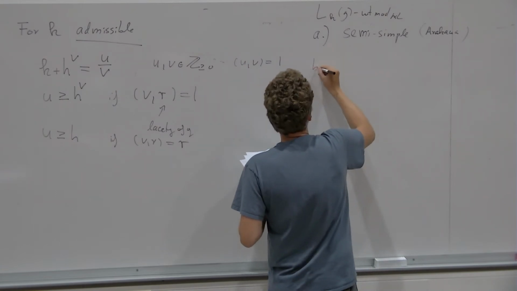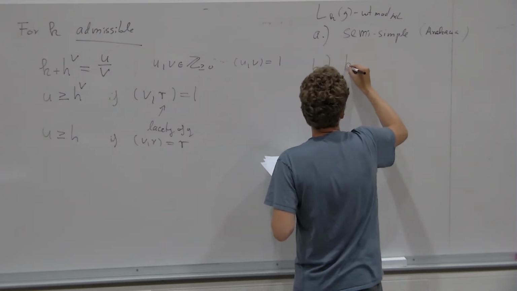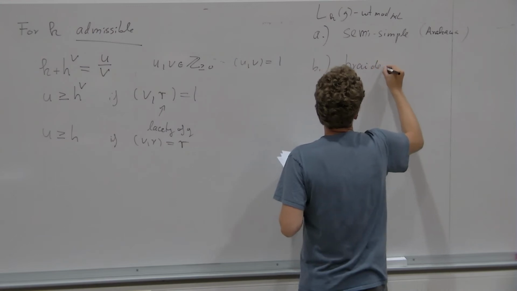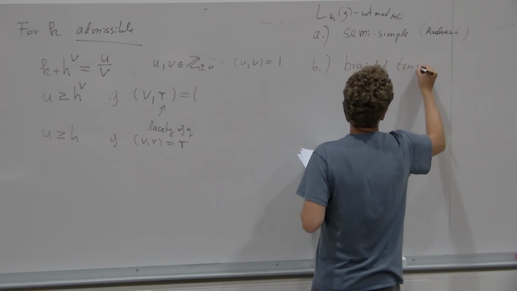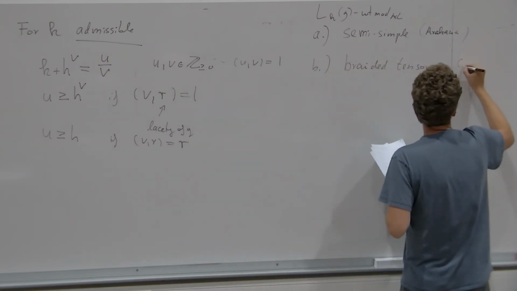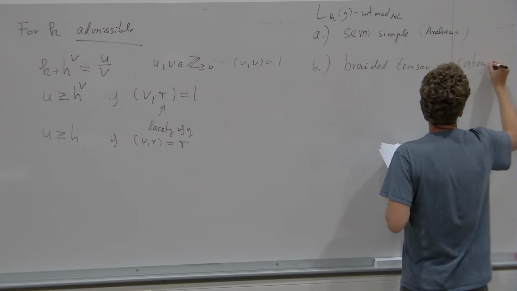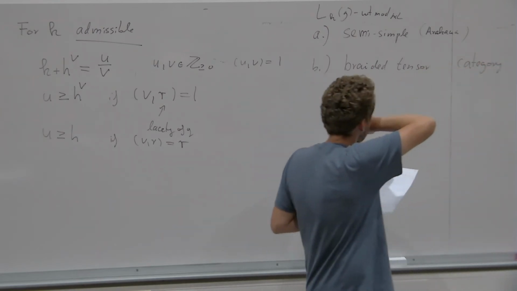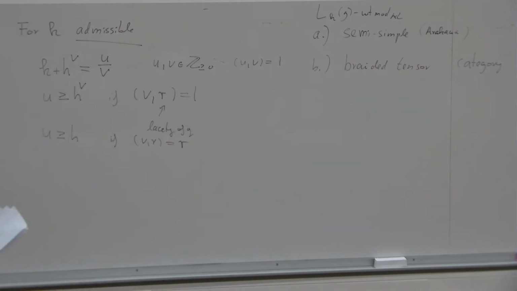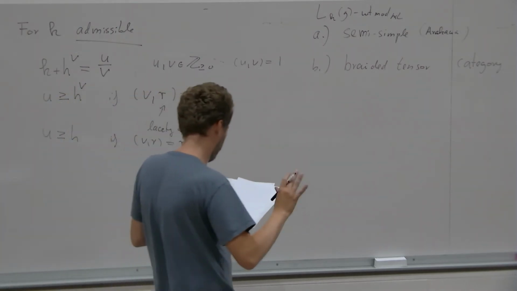Then it is a braided tensor category, which follows directly from the criterion that I wrote down. And by the way, this criterion is a paper with my, at that time, postdoc Jinwei Yang and myself. So that was really useful.